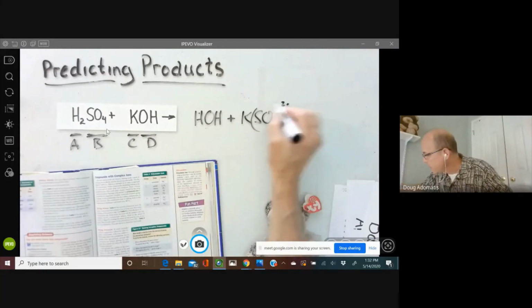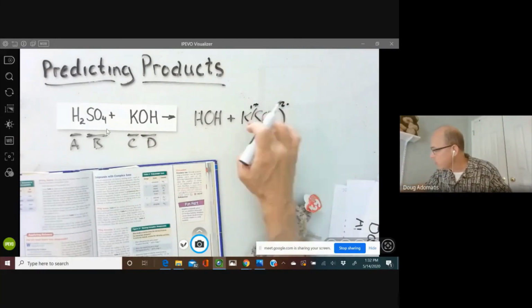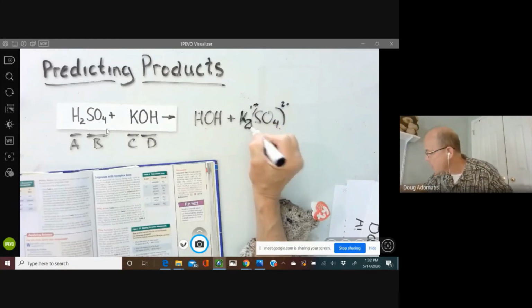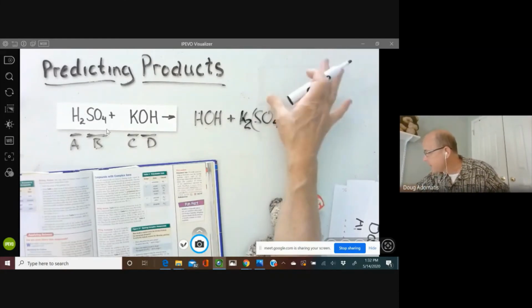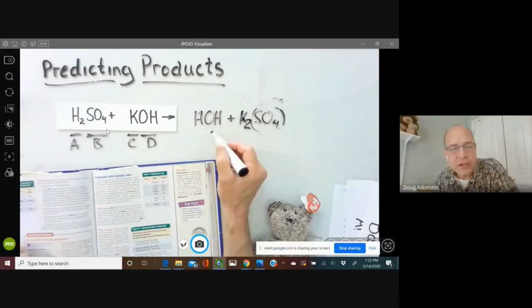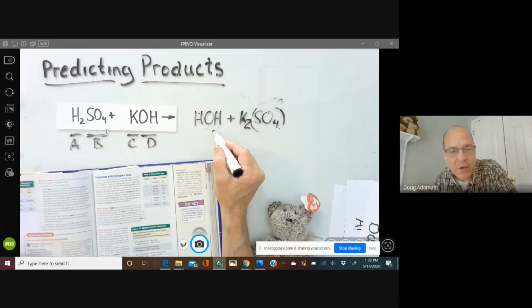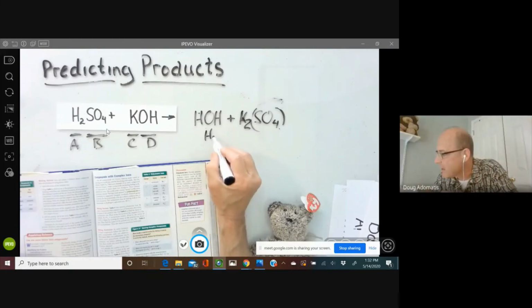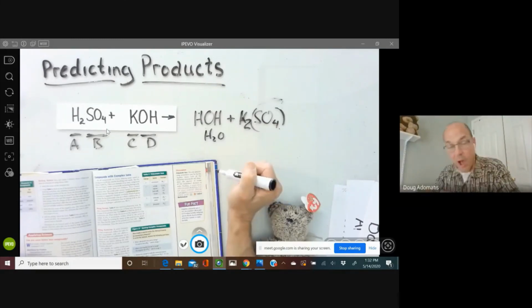So this is 2- and a 1+. So you're going to need a couple of the potassium atoms to go along with the sulfate. And then here's a little trick. Look at this HOH really hard. What is that? How many H's do I have? 2. Isn't this just H2O? Whoa! Yes, it is. Yes, HOH is H2O.